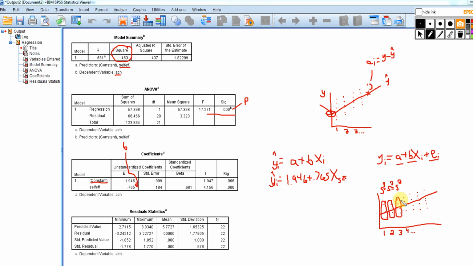So for instance, let's say I had another data set and here are my values of x again, 1, 2, 3, 4, 5, and so forth. Let's say that I had my regression line and the pattern of residuals looked more like this.